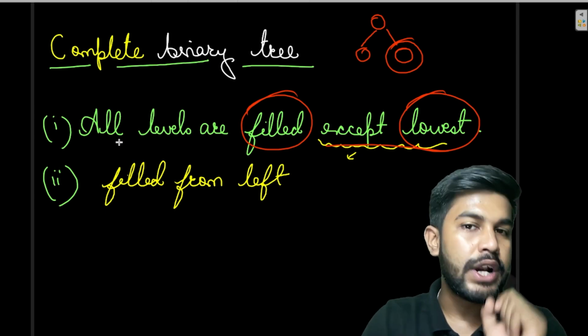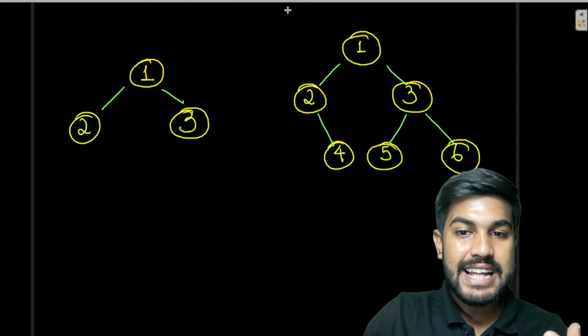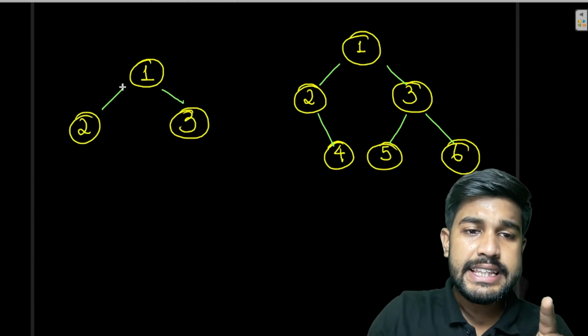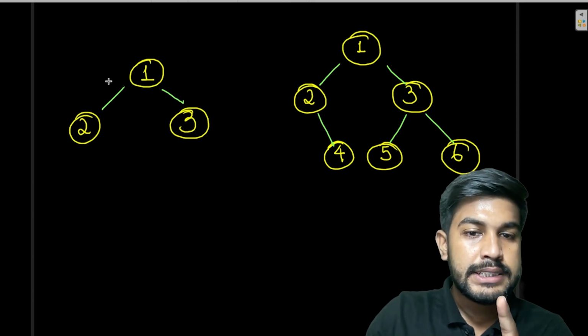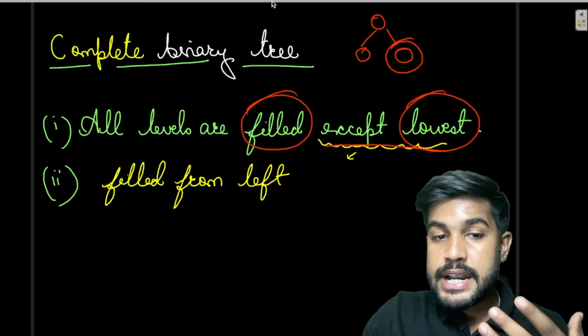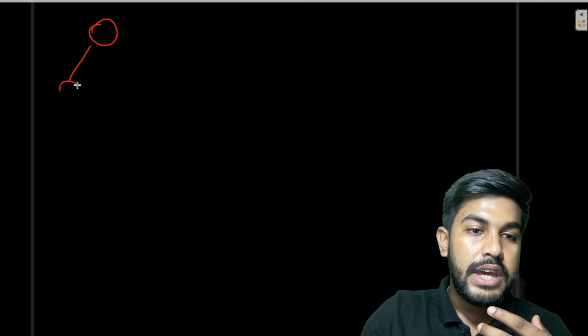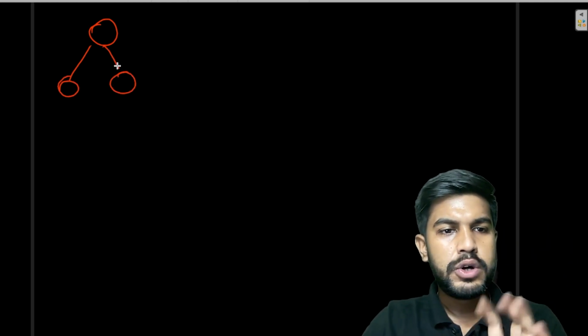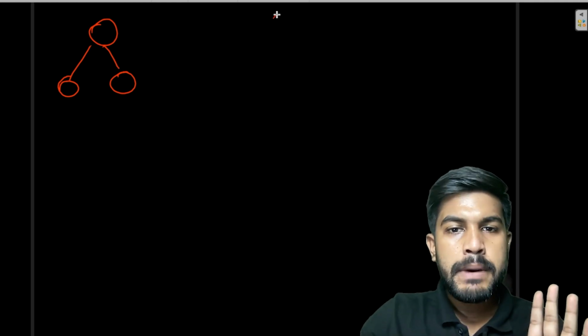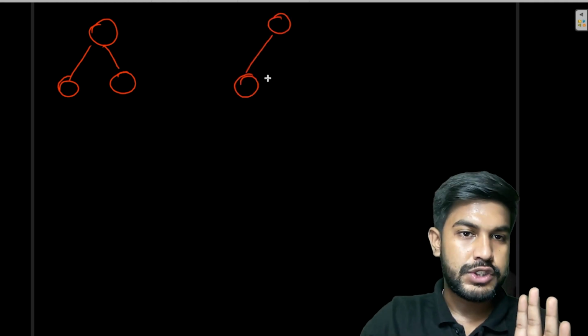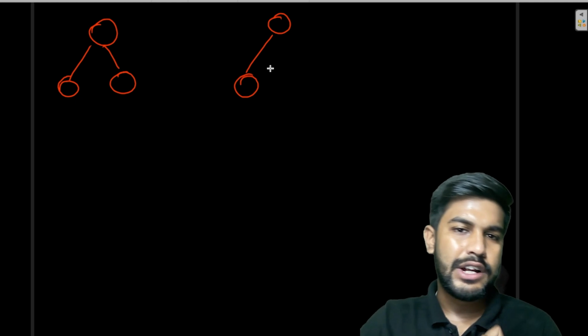What do I mean? I will make you understand. In this scenario, this is a complete binary tree. Suppose we have a complete binary tree: all the levels are fulfilled, and each node has a left and a right. But suppose we have this kind of structure.